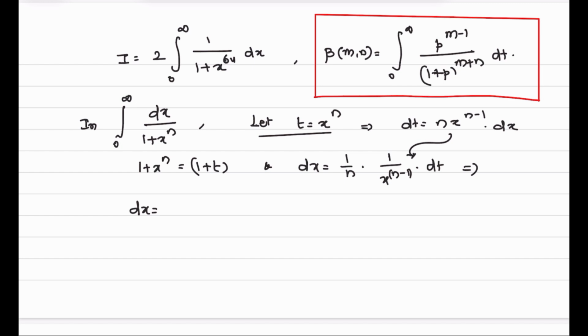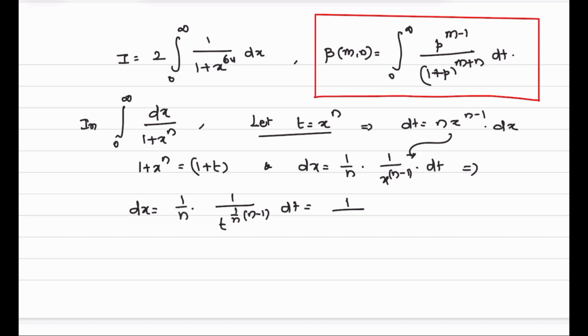From this, dx is equal to 1 by n into 1 by x to the power of n minus 1. What is x to the power of n minus 1? x to the power of n is equal to t, so x is equal to t to the power of 1 by n. That means 1 by t to the power of 1 by n into n minus 1, into dt.